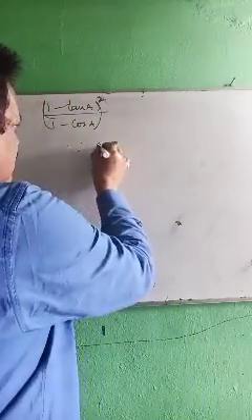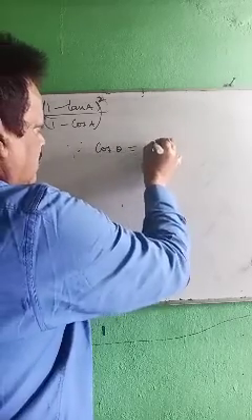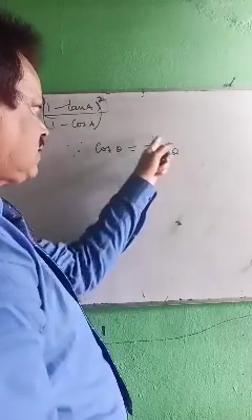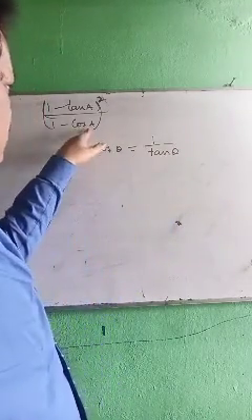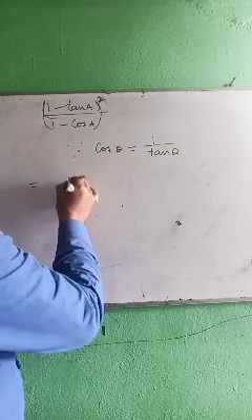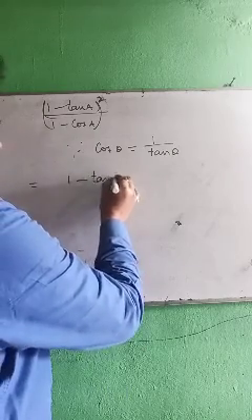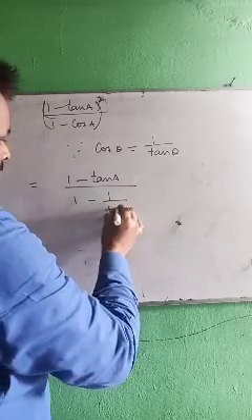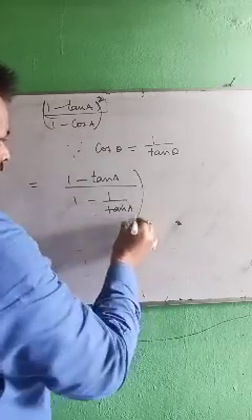Since cot theta is the reciprocal of tan theta, that means cot theta is equal to 1 by tan theta. So this one you can write as 1 minus tan A by 1 minus 1 by tan A, total square.